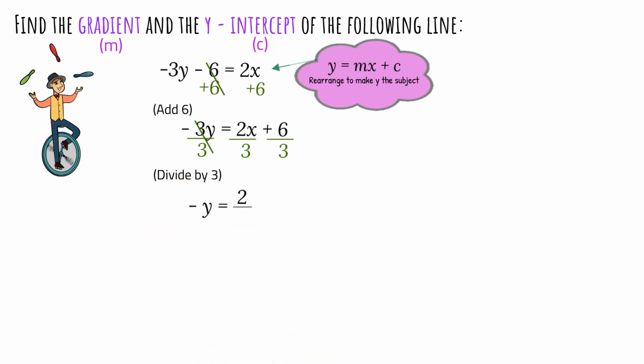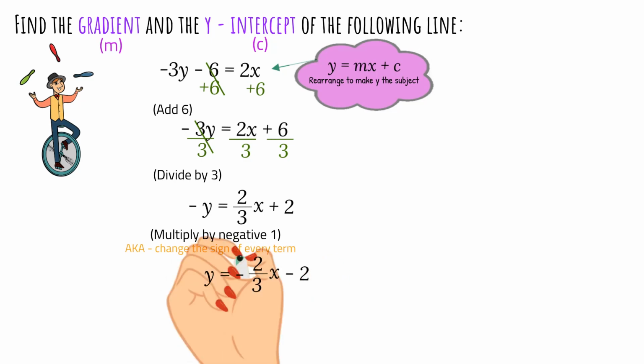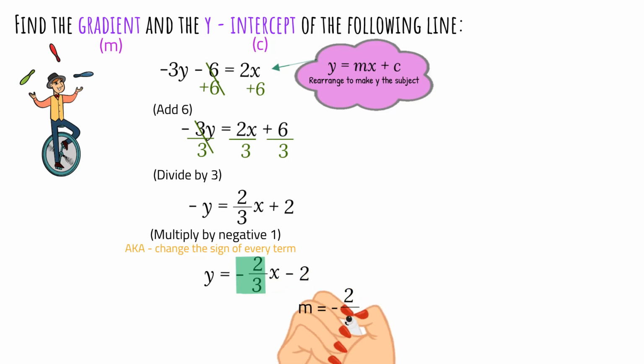And I have 2/3 of x, and that 6 divided by 3 just becomes plus 2. And now I don't want negative y, so I'm going to multiply by negative 1, which is essentially changing the sign of every term. So my negative y becomes positive y, and I'm left with minus 2 over 3x minus 2. Now I can identify the gradient and y-intercept.